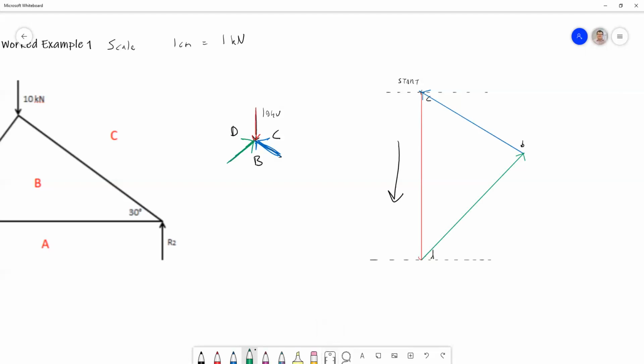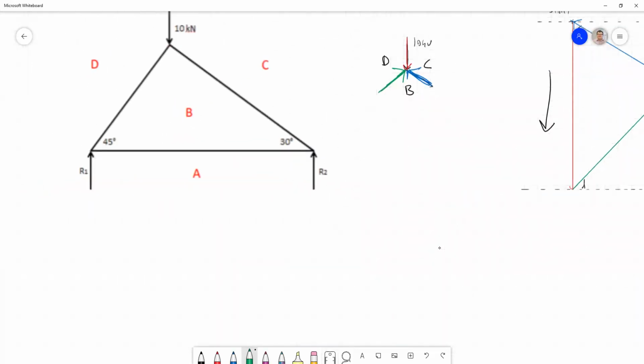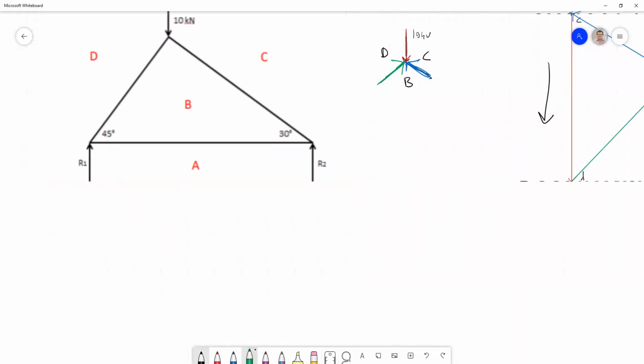And what you'll find is useful, and we use this in examples a lot, we can write down the names of all of our members and the forces inside them, and also the nature of them as well. So we'll start with the table here. We have a table for a member and the force, which we're going to get in a second, in kilonewtons, and also their nature.